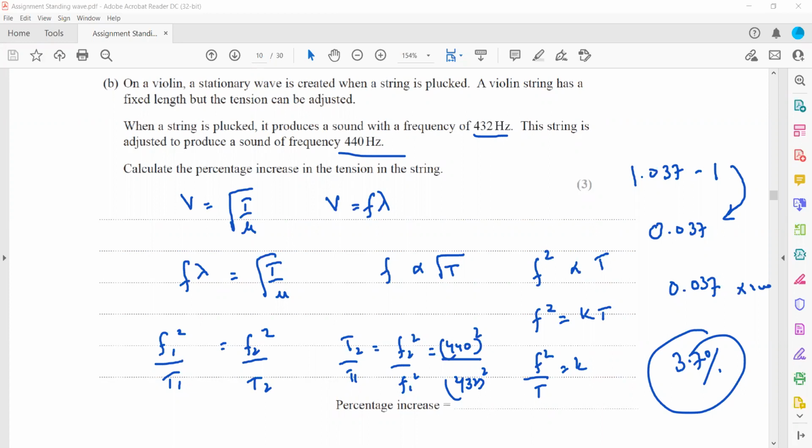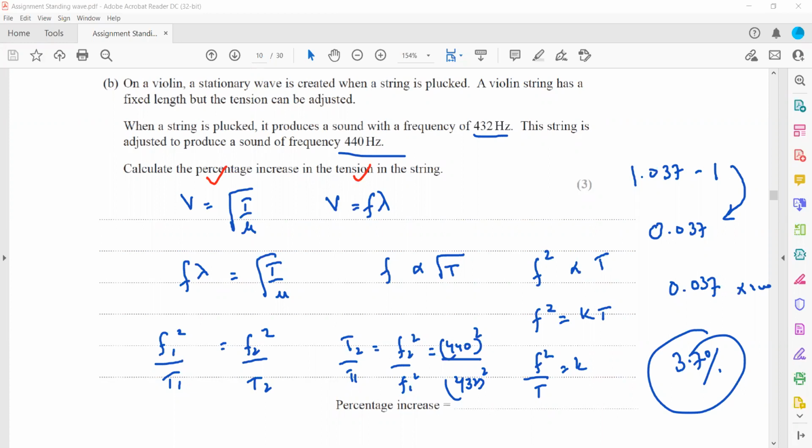Is it clear? That is how we work it out. These two formulas are important: v equals under root T divided by mu, and v equals f lambda. When we compare the two equations, f lambda is under root T divided by mu.